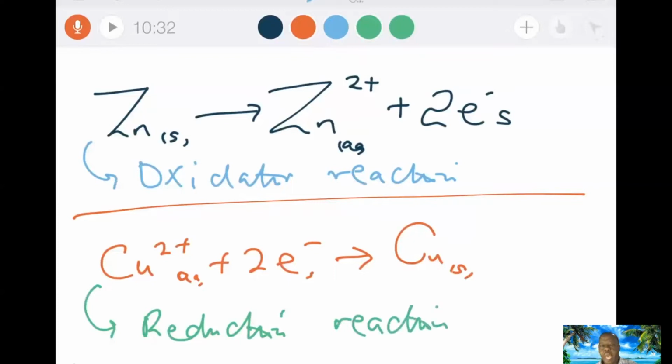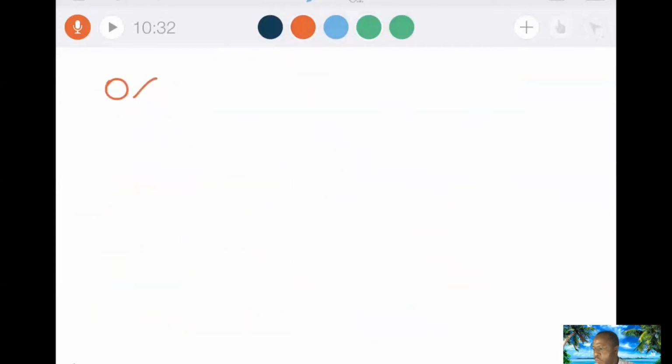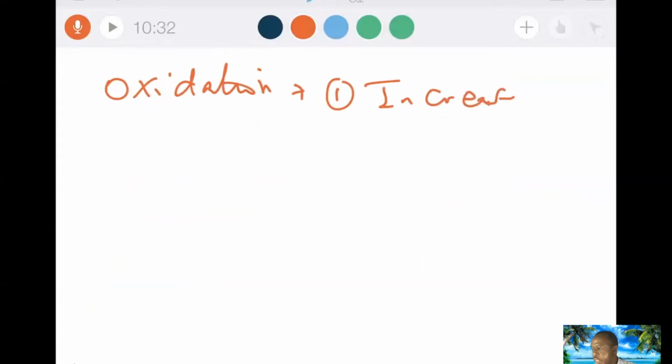How will I know that reduction has taken place, or that this is reduction and this is oxidation? It is by keeping track of oxidation numbers, which is the overall charge. If you look at this, it is 0 going to +2. So oxidation can also be identified by an increase in oxidation number.